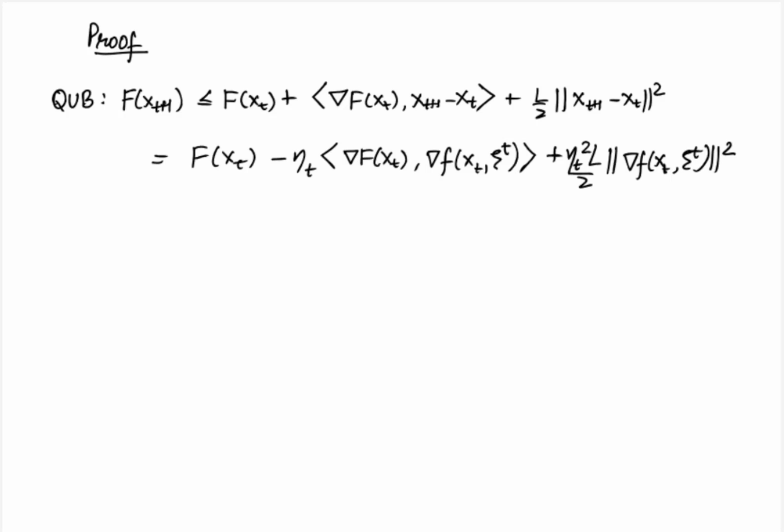So here we have just used the update equation. Recall that xi t is the shorthand notation for xi of it.